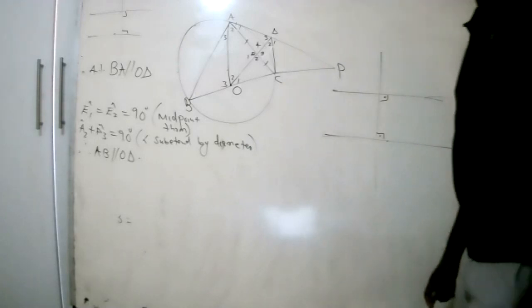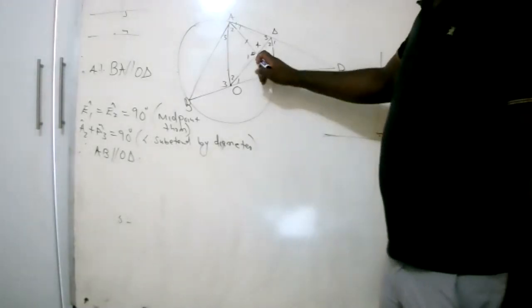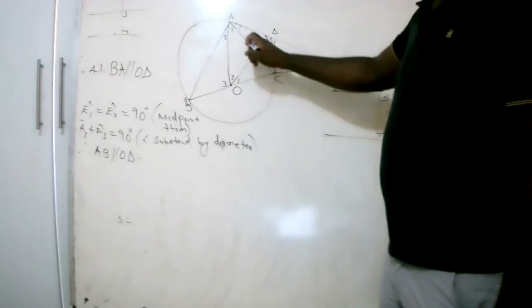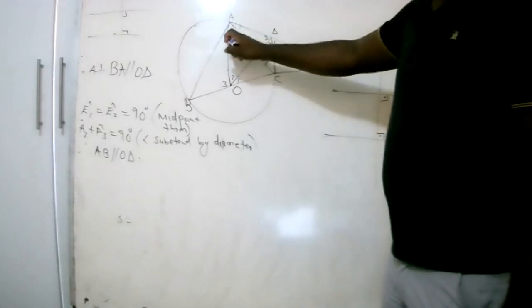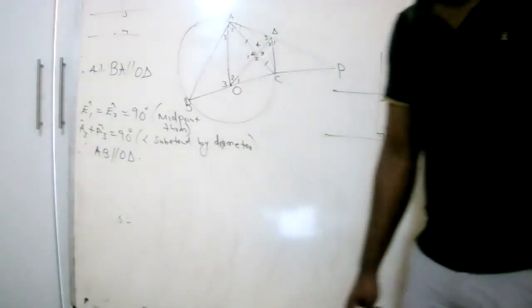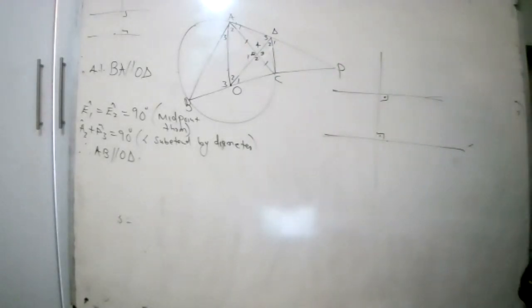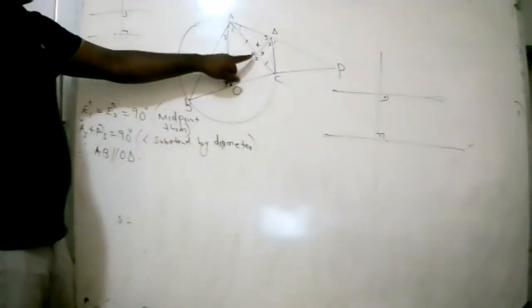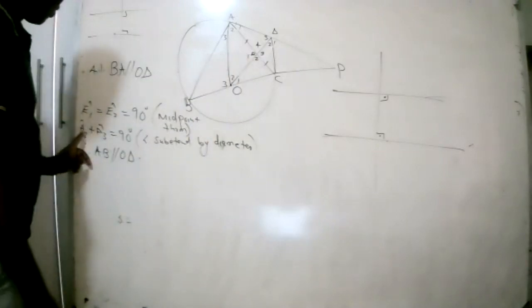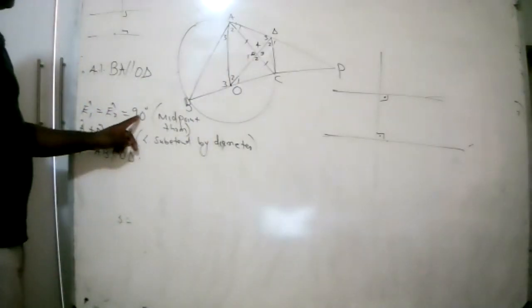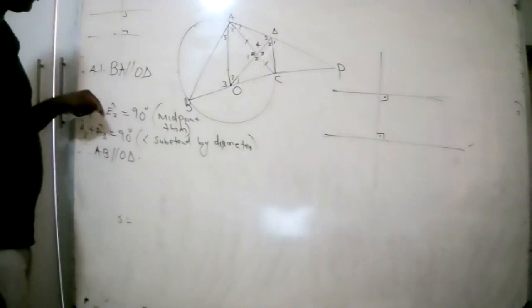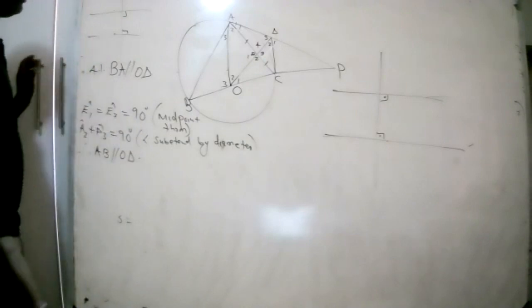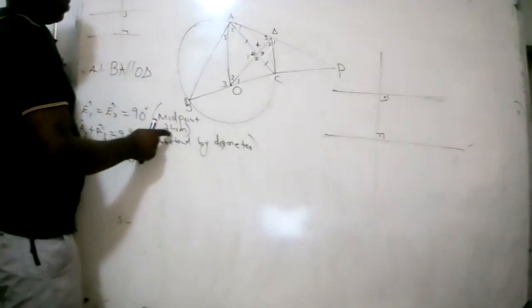In this case, it means we must show that angle E1 is equal to angle A2 plus A3. From the information we are given, A1 equals A2, which is equal to 90 degrees. How do we know that it's equal to 90 degrees? Because we are given a midpoint theorem.